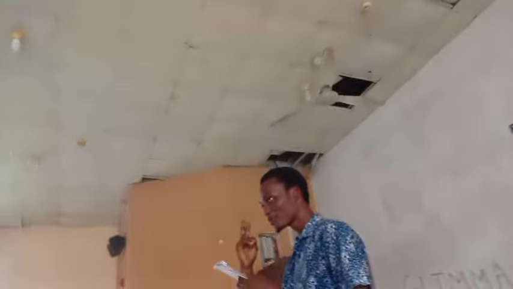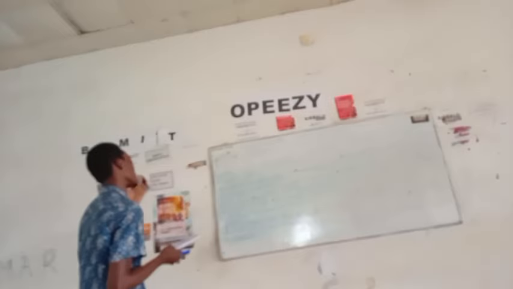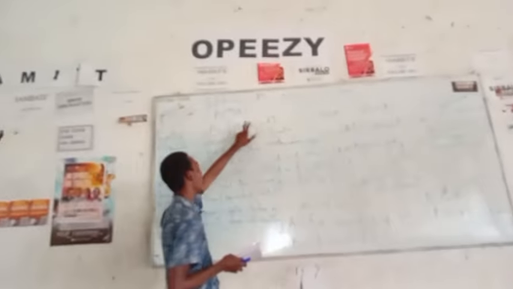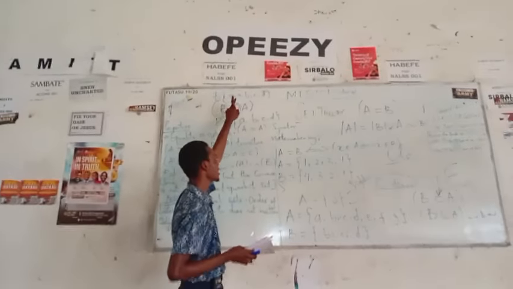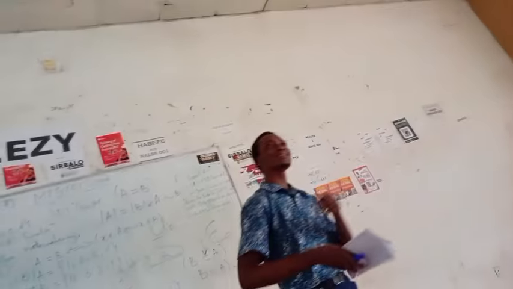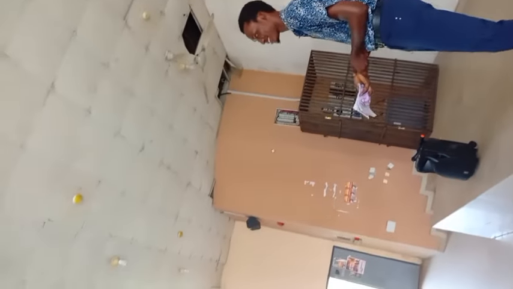We have set P and set Q. Which type of set is that? Can we say this is an equal set, or an equivalent set? What do you say?